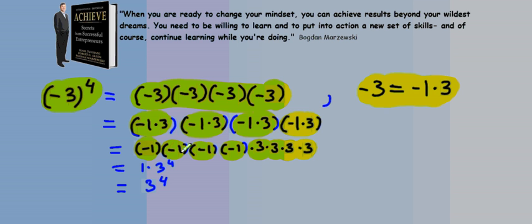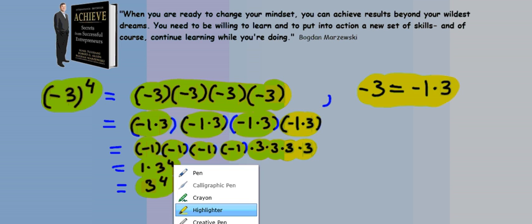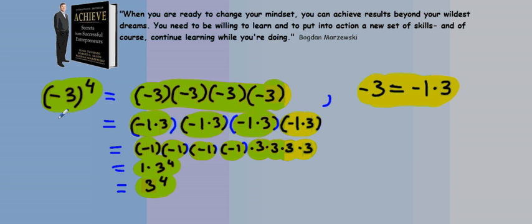So 2 negatives multiplied together always results in a positive number. So therefore this is just 1 times 3 to the power of 4, and in the end this is 3 to the power of 4. So (-3) in brackets to exponent 4 is equivalent to +3 to the same exponent.